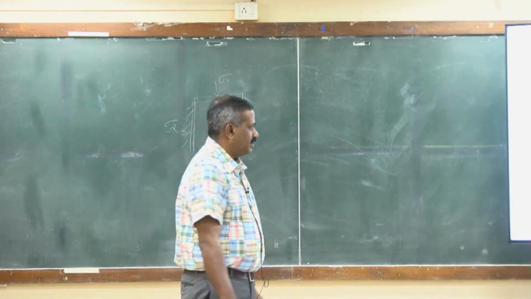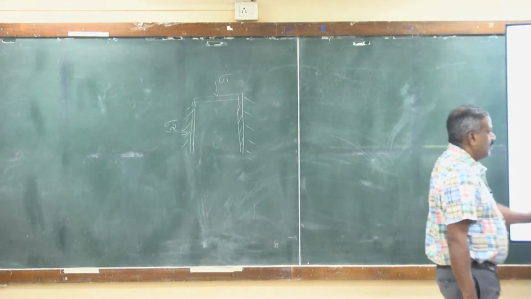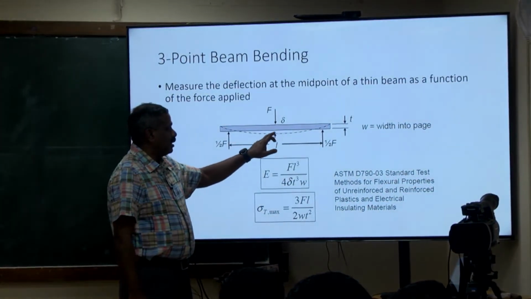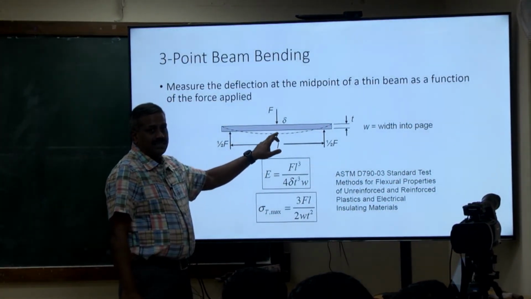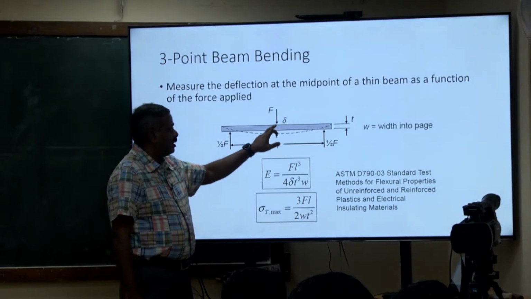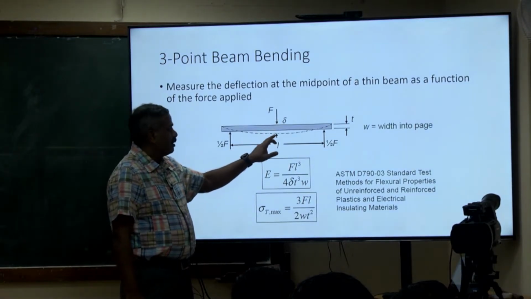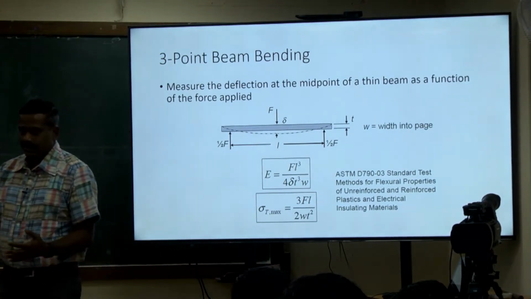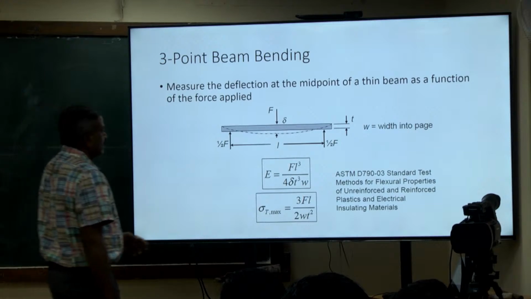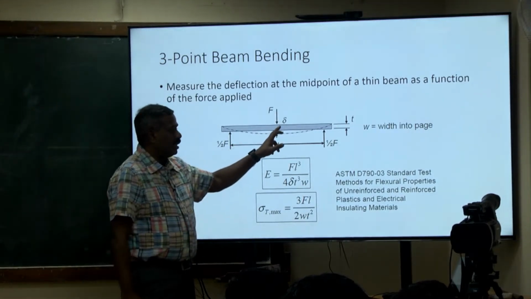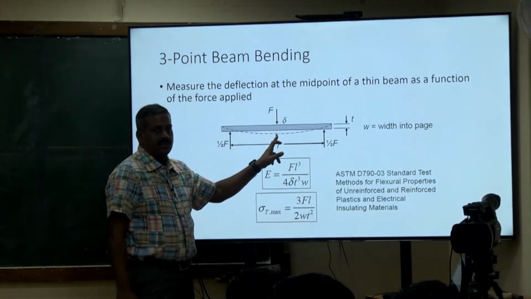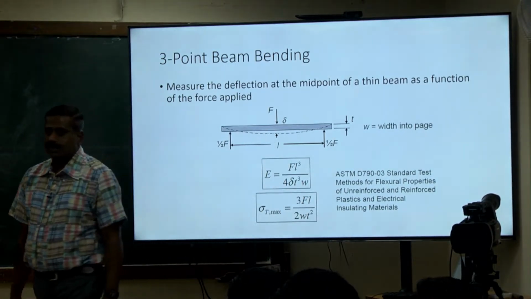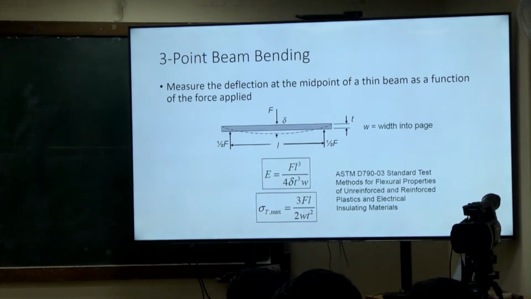You assume that the compression force applied on the top is equal to the tensile force occurring on the bottom, because the force here is compression, but here it's tensile, it's extending. So we assume that the compression force applied on the top is equal to the tensile force occurring at the bottom. Using that assumption, we calculate the tensile behavior of the material.